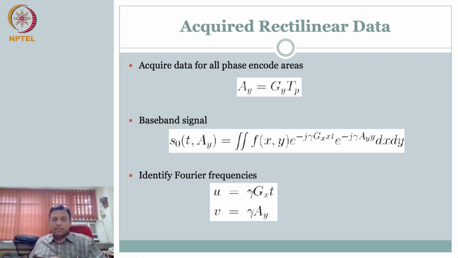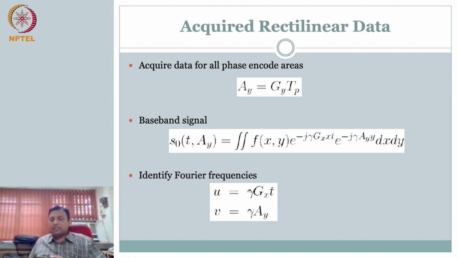So your S0 of t, this t is in the x direction, the time over which you are acquiring. Essentially it translates to frequency, correct? Gamma Gx t gives you the highest frequency in the readout direction. Ay is the v direction, how you are moving in phase. So what you have is S0 of t comma frequency and phase.